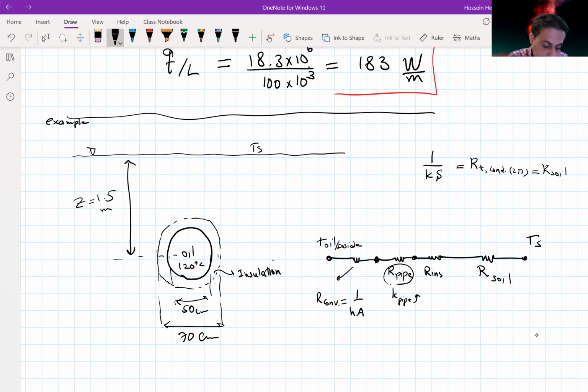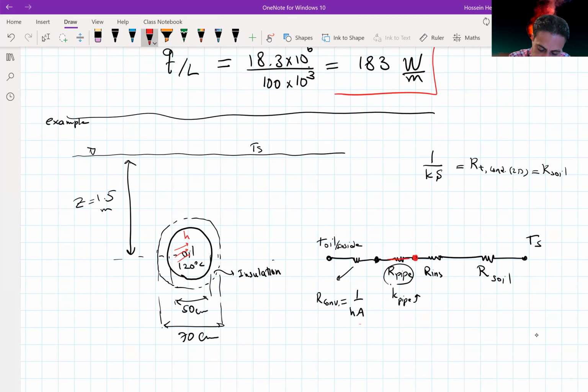Let's assume this oil that is flowing inside this pipe has a convection heat transfer coefficient of H inside that. So I can have 1 over H, and I can have the R of pipe, but let's assume pipe is uniform.